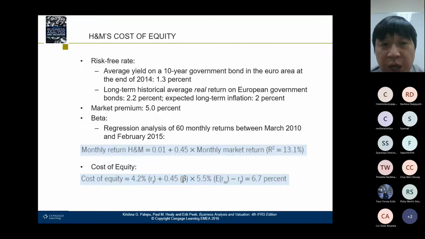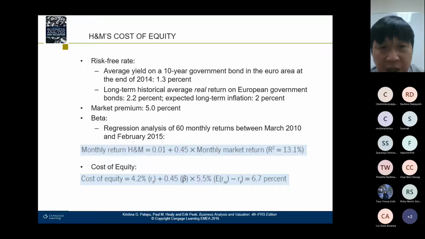Probably you estimate the risk-free rate from a different database. Like you take the historical data from the European government database. After estimation, you get 2.2%. This is about the long-term inflation expectation.